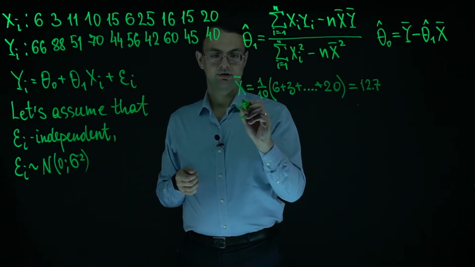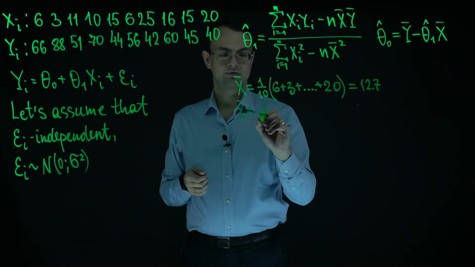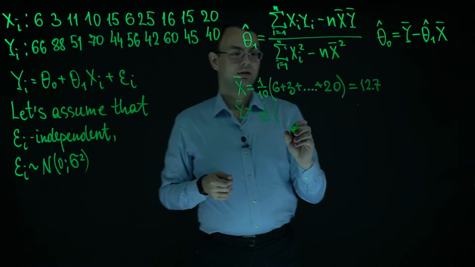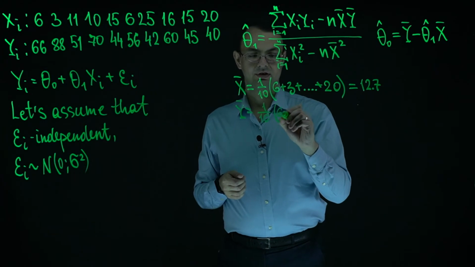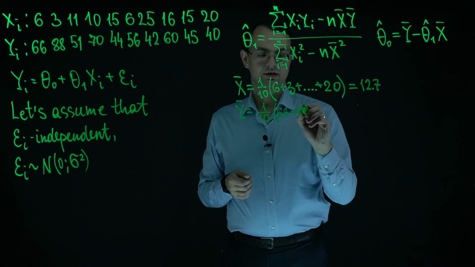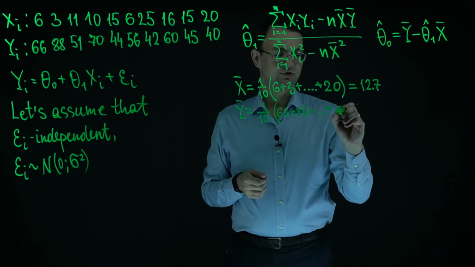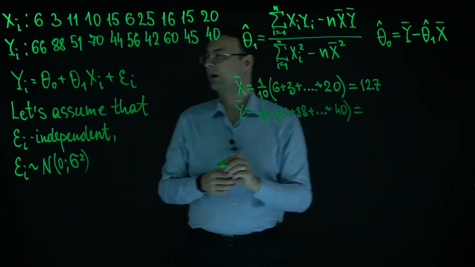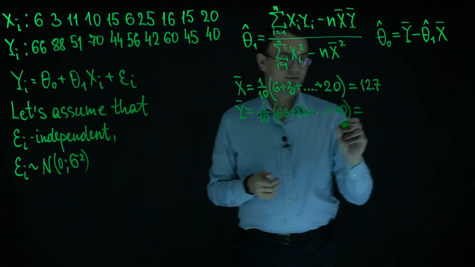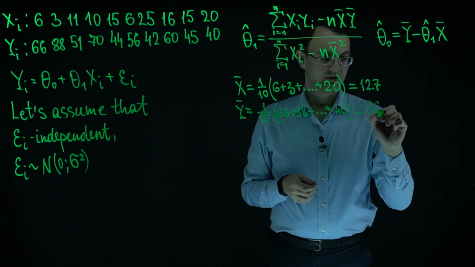Y bar is 1 over 10 times 66 plus 88 plus up to 40, so y bar is equal to 56.2.